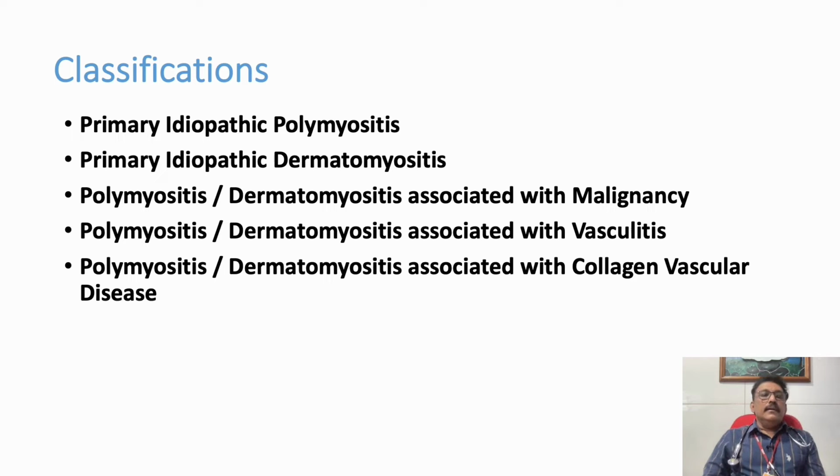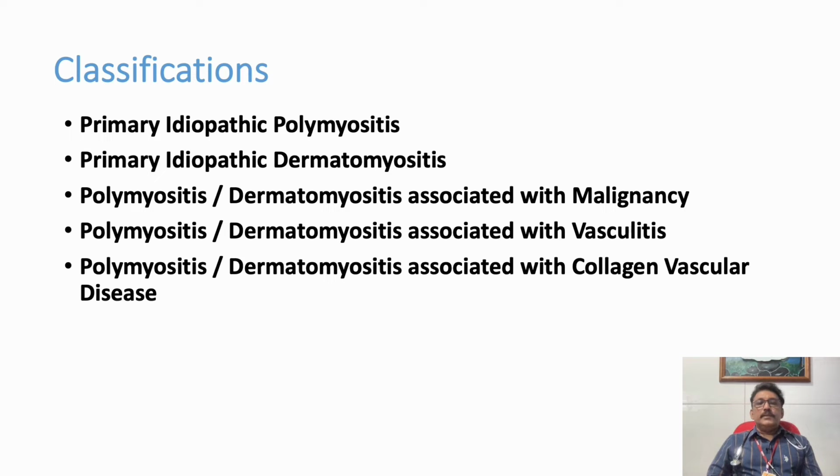So polymyositis as such means inflammation of muscles secondary to some antibody mediated destruction of muscle. That is primary idiopathic polymyositis, primary idiopathic dermatomyositis. Dermatomyositis, we already discussed, is associated with skin rashes with myopathy or myositis.